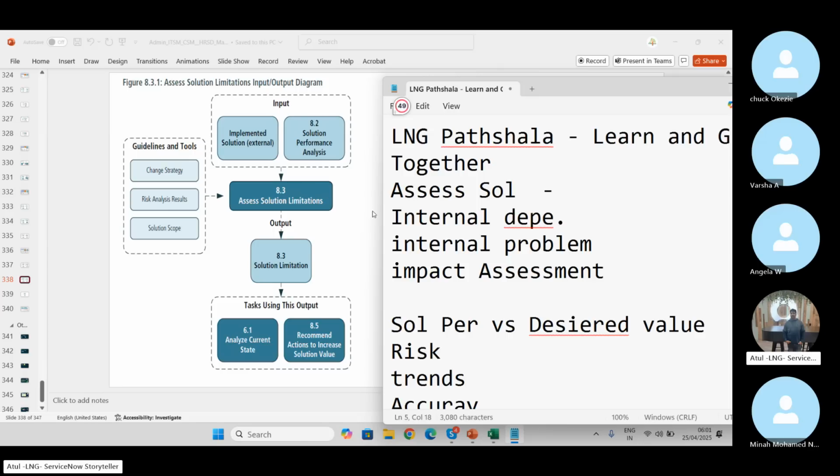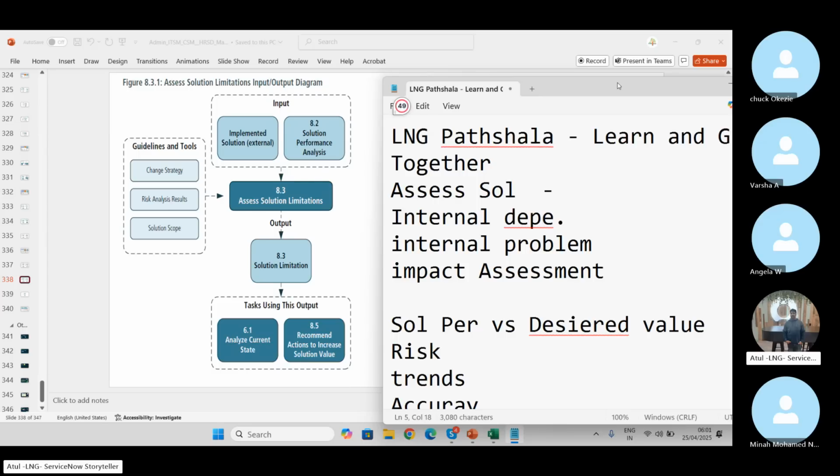Due to these problems, due to this internal dependency, there is huge risk. If people are not ready to accept the change, then who is going to use this change? So we have to find out the solution for this one.